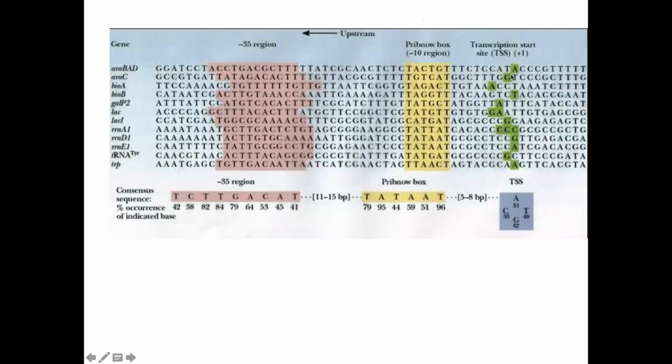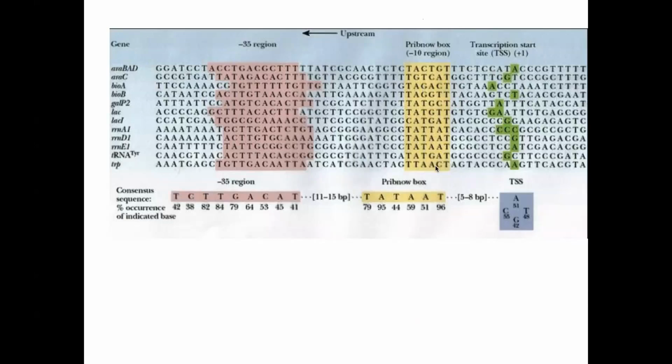So when you do this sort of alignment, what you can see is that there's a region here that's been highlighted in color that represents one of those consensus sequences. This is the -10 region, or more formally referred to as a Pribnow box. And you see it's the same for all of these different genes. So that's a sequence within the promoter that is uniquely recognizable by the RNA polymerase. And again, remember that recognition is conferred through the sigma subunit.